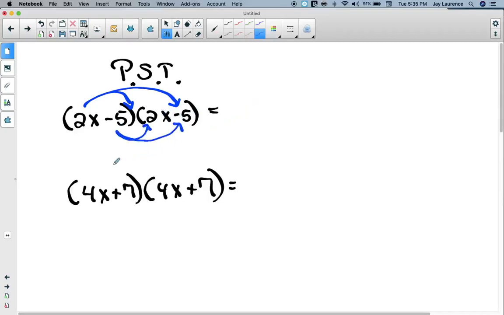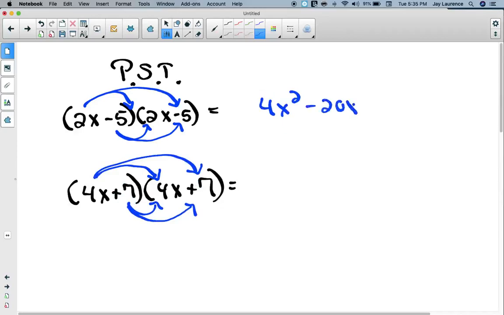Go ahead and do that for me, and then do the same thing for the second problem. Make sure you're double distributing. Okay, you should get 4x squared minus 20x plus 25. And on this bottom one, you should get 16x squared plus 56x plus 49.